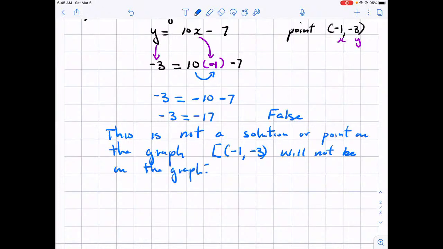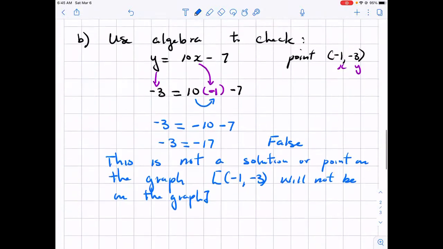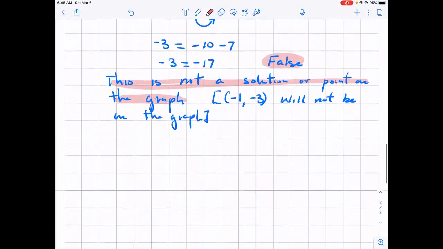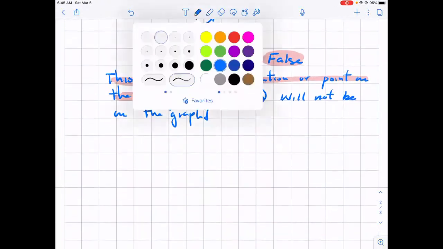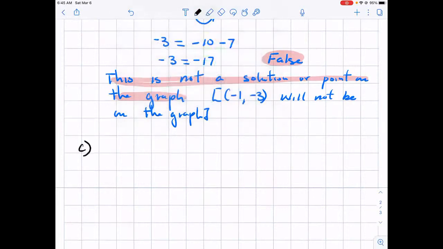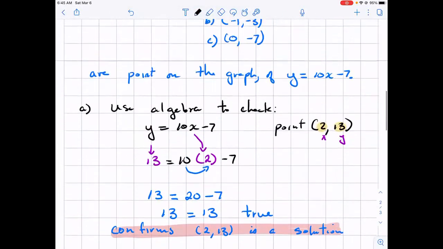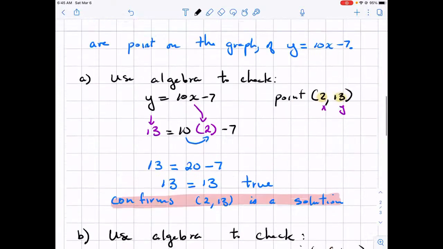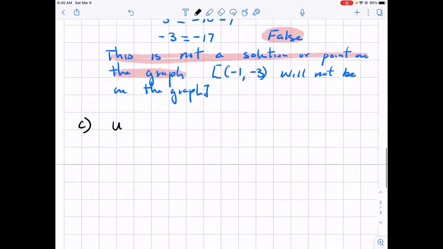That's what it's saying. So this one here is false. This is not a solution on the graph. And let's try part C now. Part C, we'll do the same thing, so use algebra to check.